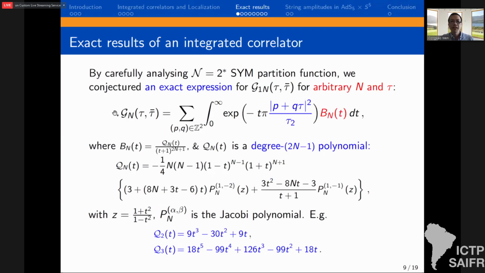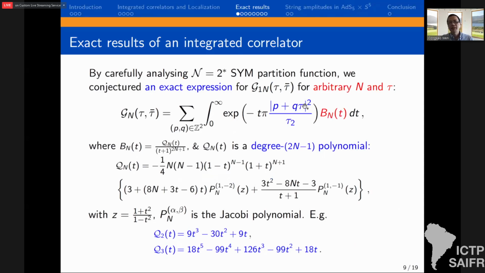The expression takes the following form. We write it as a sum over a two-dimensional lattice. P and Q are integers, and all the coupling dependence appears in this particular way.